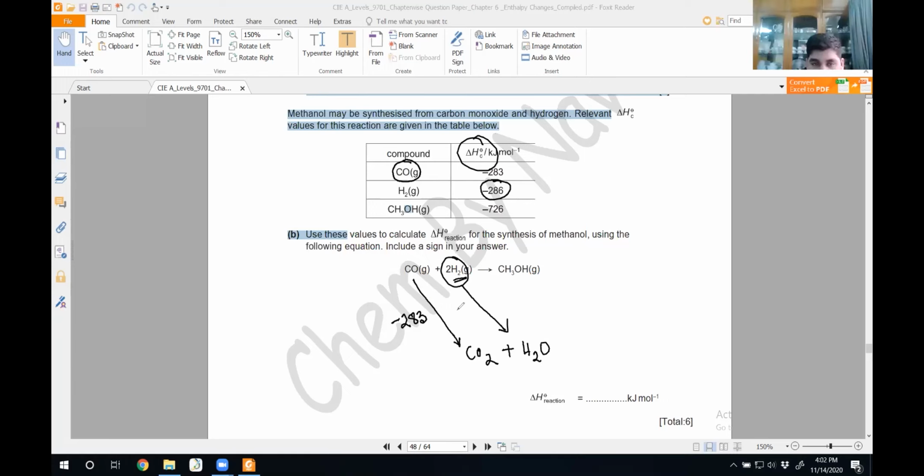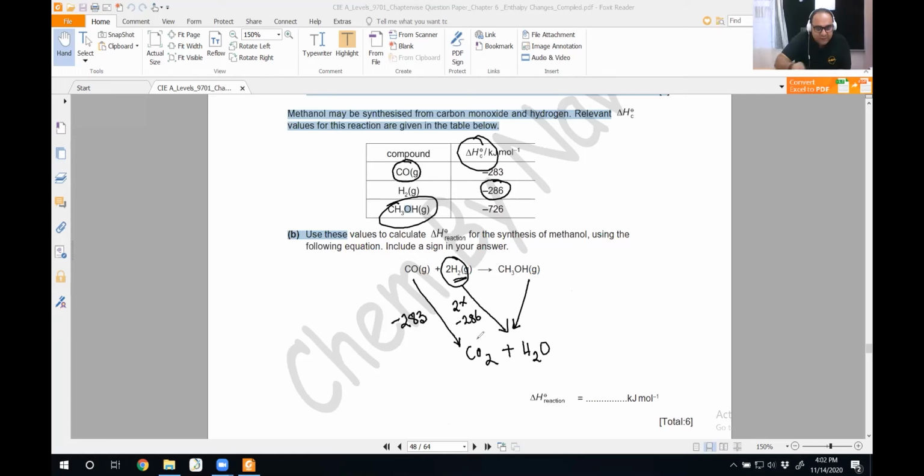So what should it be multiplied by? 2. Yes, 2 into minus 286. And then combustion of any hydrocarbon in oxygen will give you carbon dioxide and water.